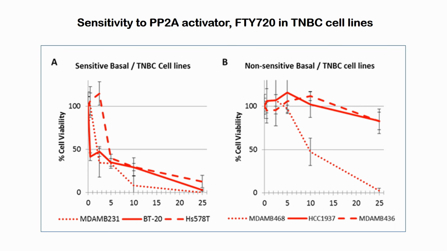So we can see that MDA-MB-231 reaches an IC50 at 1 micromolar, BT20 at a very low dosage of 0.1 micromolar, and HS570 at 5 micromolar. And we compared these two groups of cell lines using transcriptomic datasets.